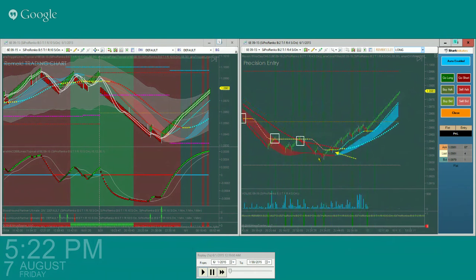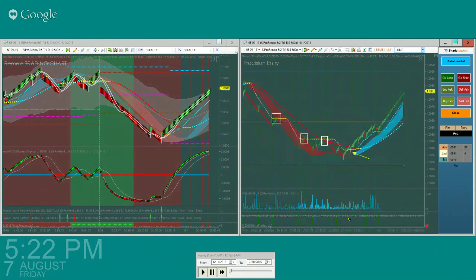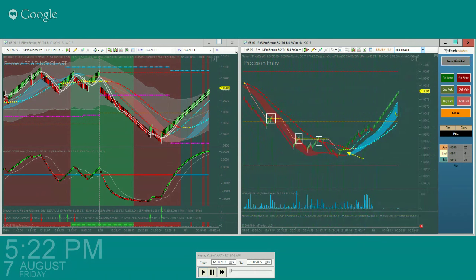Or if you don't want to go long, you don't have to, of course. You can either disable the system and get a coffee, or put it into no trade and get a coffee, or whatever. You don't have to trade. Cash is a valid position. So much about the instant reversal.